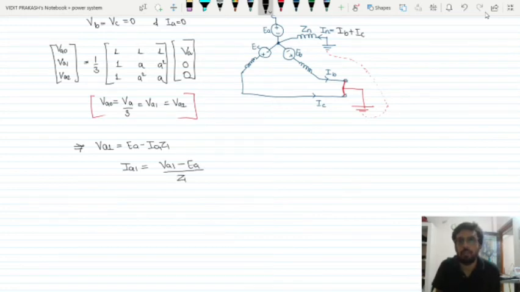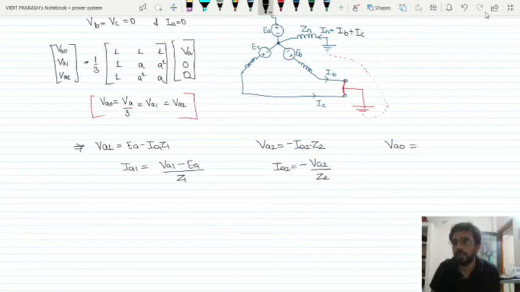Similarly, VA2 is nothing but minus IA2 into Z2, and IA2 is equal to minus VA2 divided by Z2. And VA0, the zero sequence voltage, is minus IA0 into Z0, so IA0 will be equal to minus VA0 divided by Z0.